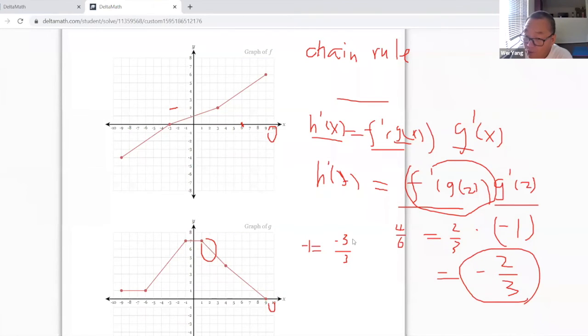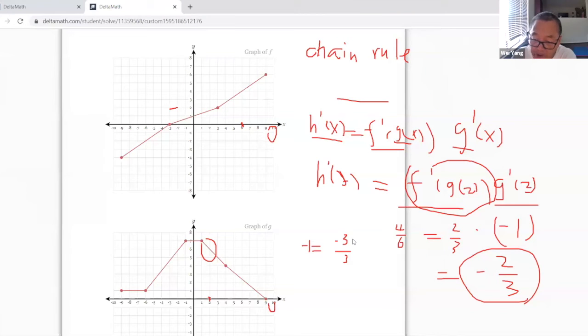Then when you try to find the value, you need to go backwards. First, because the variable of g(x) is x equals 2, you need to find the graph of g when x equals 2. What is the function in that part? On the graph of g, this is a linear function, a line.